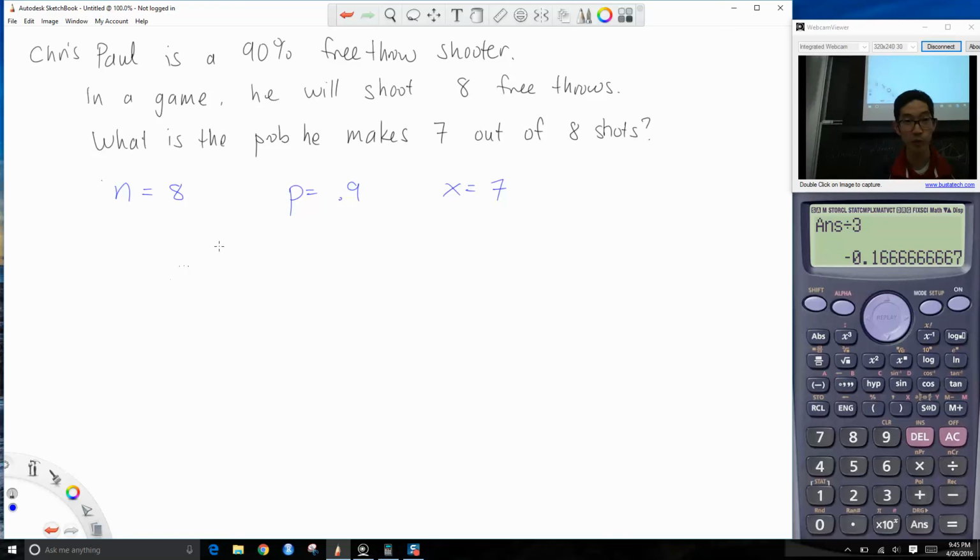So what's our answer? 0.383. Is that what we're getting? Actually, the most likely outcome is him making all 8 shots. That's a 43% chance. Most probably he makes 8 out of 8 shots, which would be 0.430.